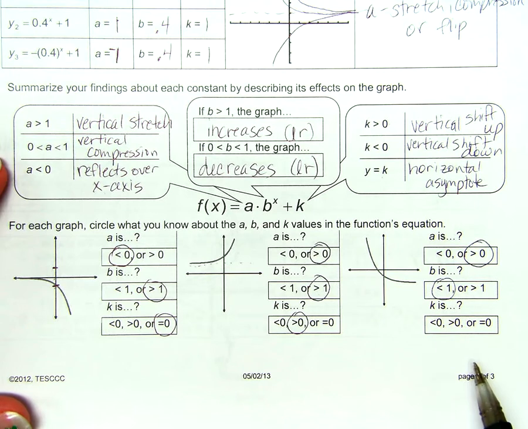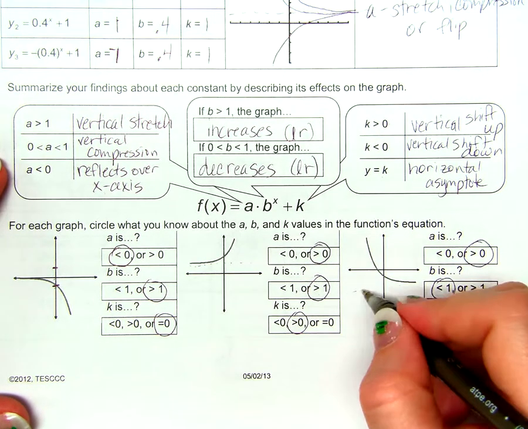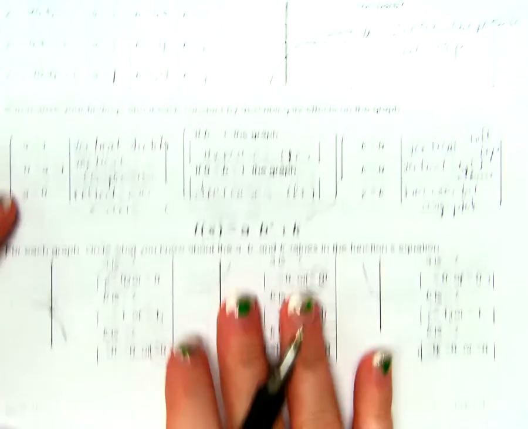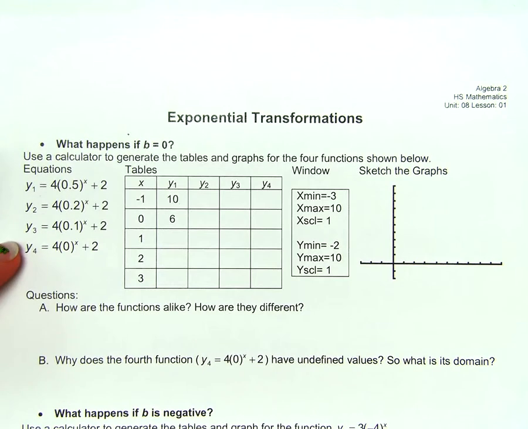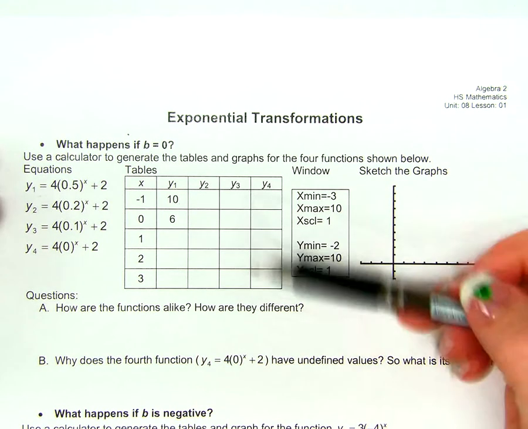And K? Less than 0? Because there's the asymptote down there, right? What happens if B equals 0? Well, we need a table, right?